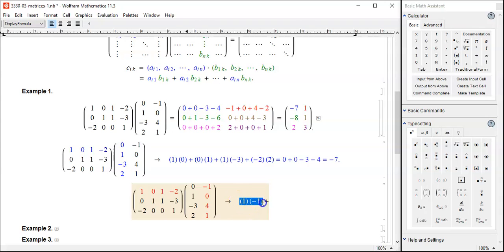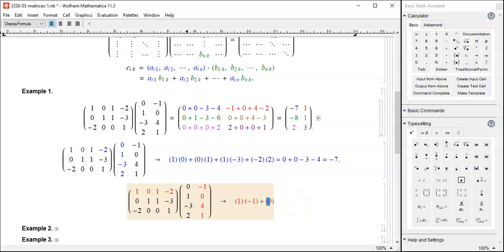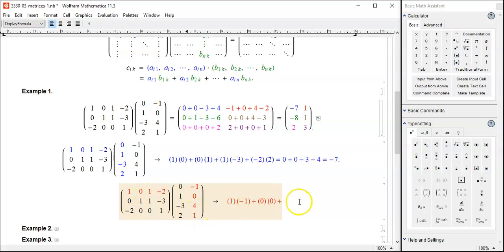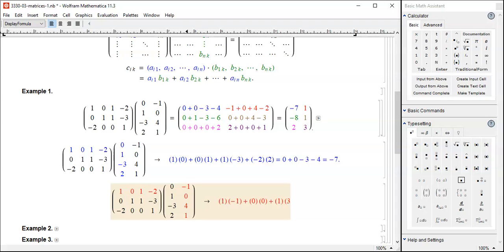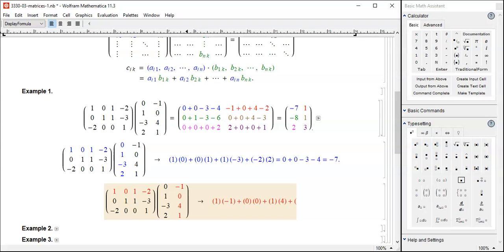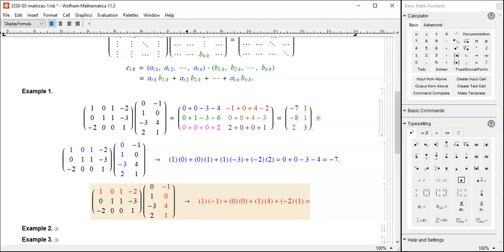And I'd like to have an appropriate color here. Okay, let's keep it red. Second component times second component, 0 times 0. And then third component times third component, 1 times 4. Now, negative 2 times 1 is the fourth entry times another fourth entry.